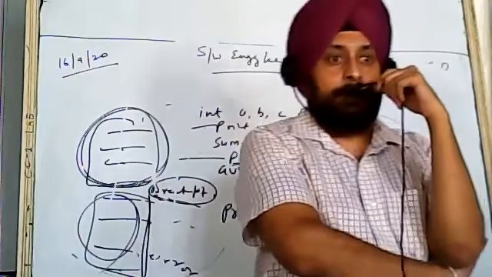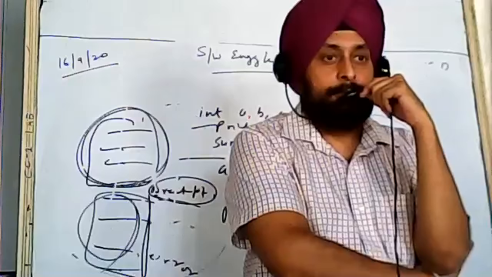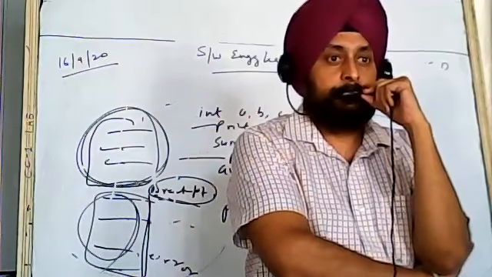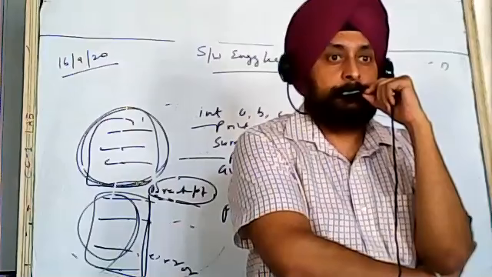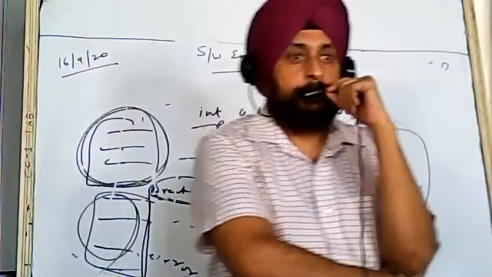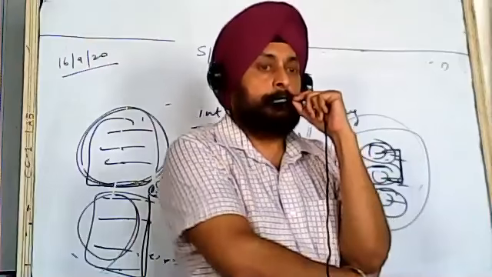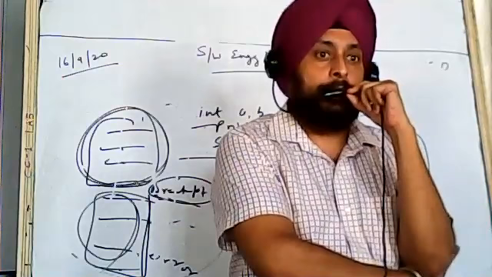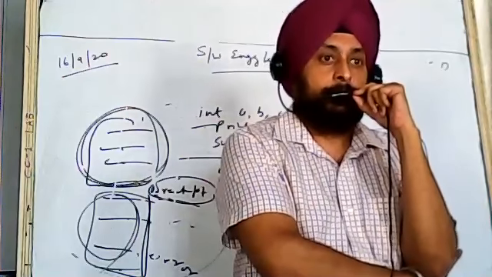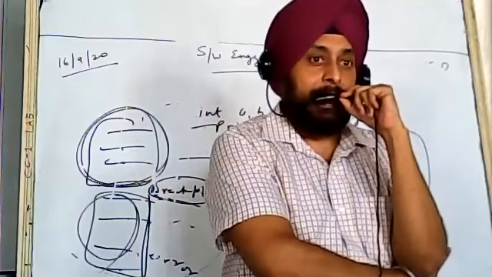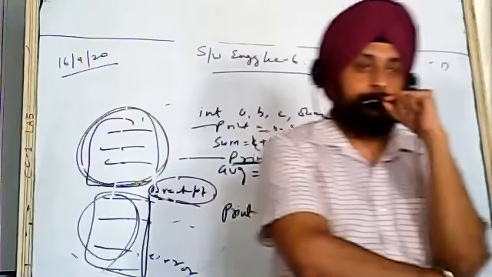So two questions again. One is filling the blanks. Dash is an incorrect state entered during program execution. So the mistake is being made during the execution of a program.